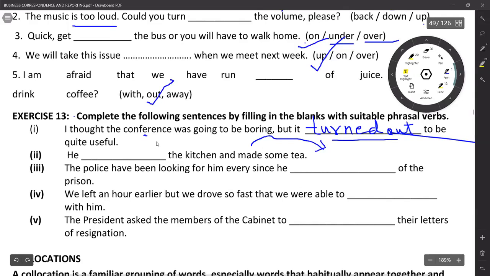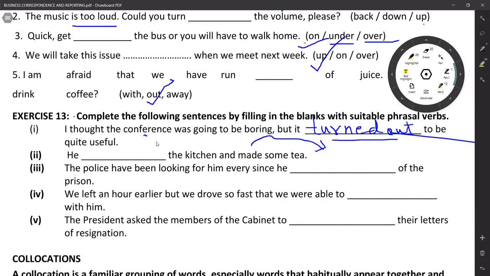No. When you say came out, it's like, let's say I'm writing a poem. I say, I thought that the poem is going to be very boring, but it came out to be quite good. So came out means your work has transformed into something good. You have made it, it came out that way. I didn't mean to say it, but it just came out that way.